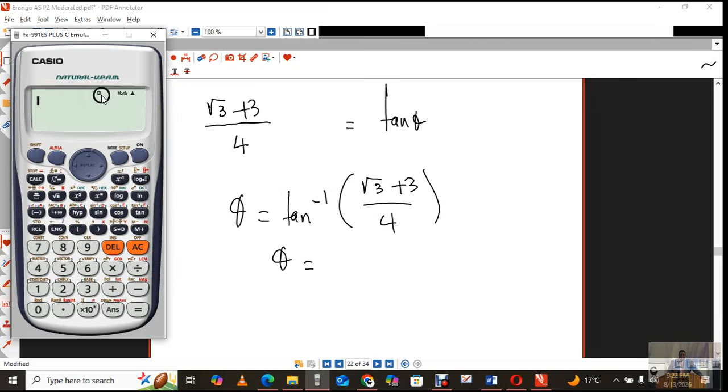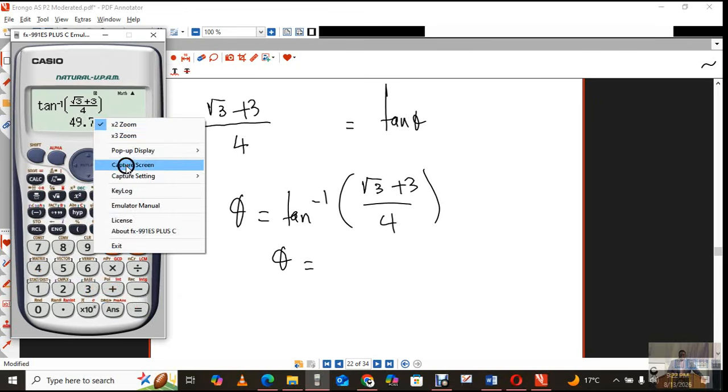First, problem number 1, this is in radians, so we're going to change it to degrees. Okay, select that, very important. Then arctan of the square root of root 3 plus, remember to go out there, all over 4. We close that, hit enter.